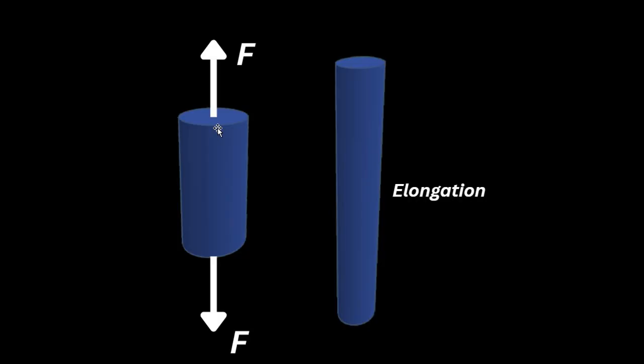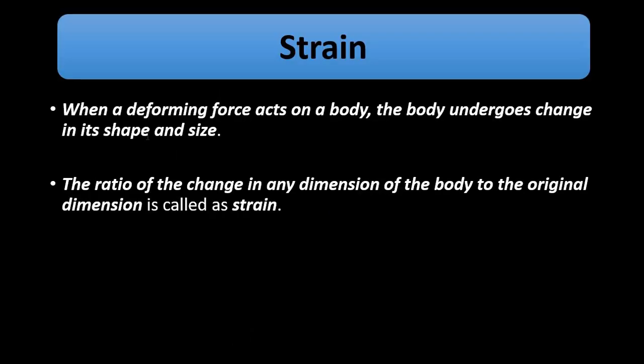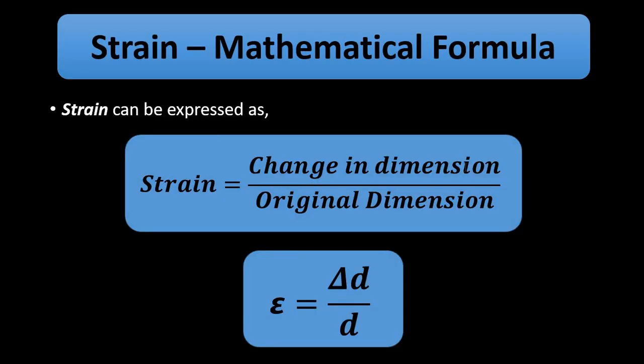And this force acting per unit area is called tensile or longitudinal stress. And the increase in length, the increase in dimension, is the strain, that is the change in dimension to the original dimension. So here the dimension which we are talking about is the length of the material.